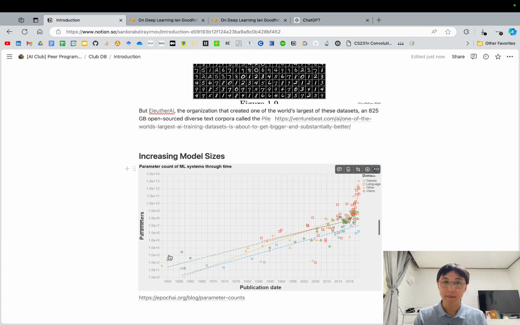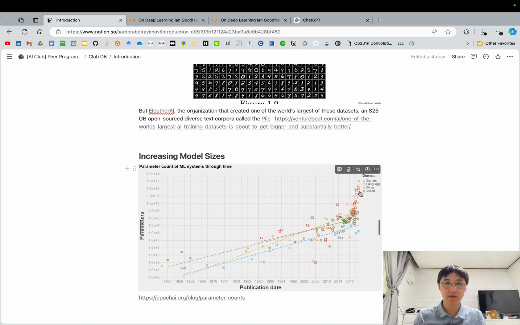If we look here at the number of parameters from 1951, 1954, 58 and so on till 2018, it starts very small and goes increasingly higher, and especially between 2014 and 2018 there is a big gap, like a hill, a very dramatic increase. And now it's much greater. There are many LLM models whose sizes are billions and more.